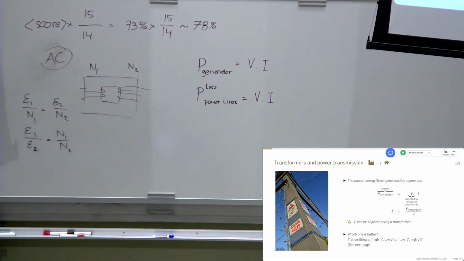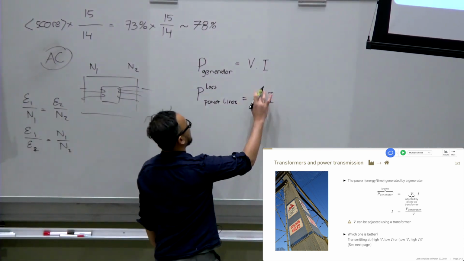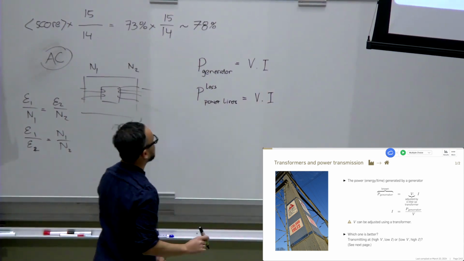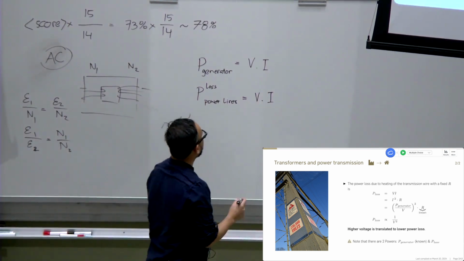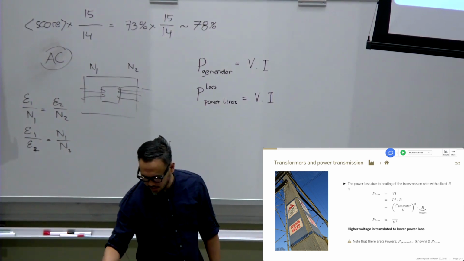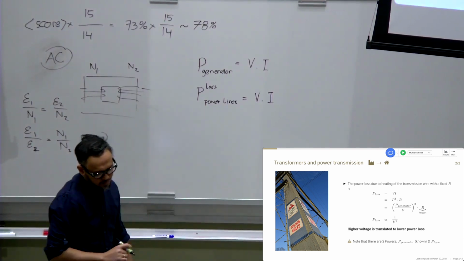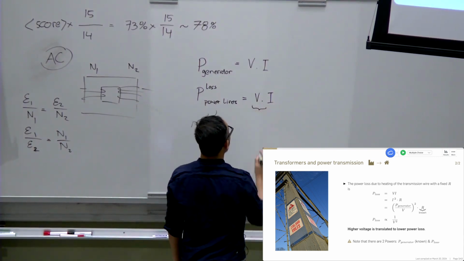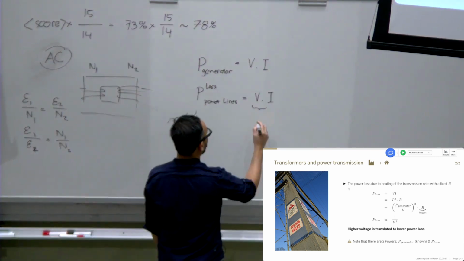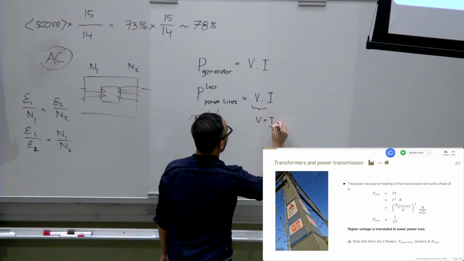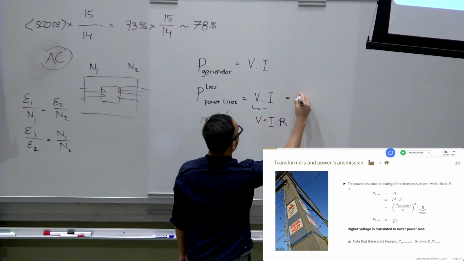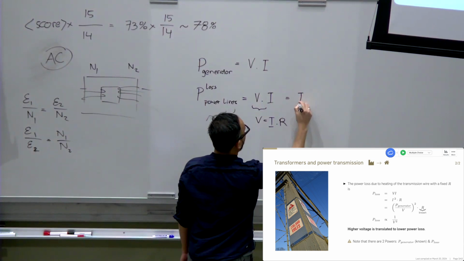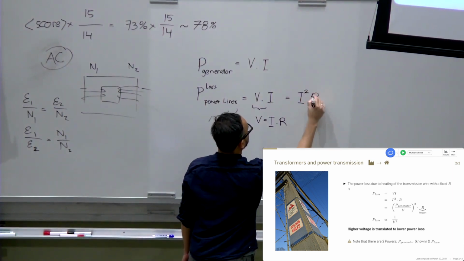So the resistor is given here based on the material, the length, the radius. And because we want to involve I, V is equal to I times R. Then this expression becomes I squared times R.